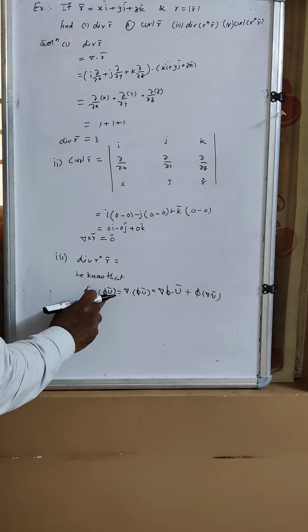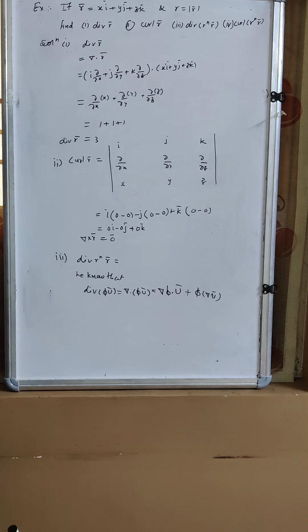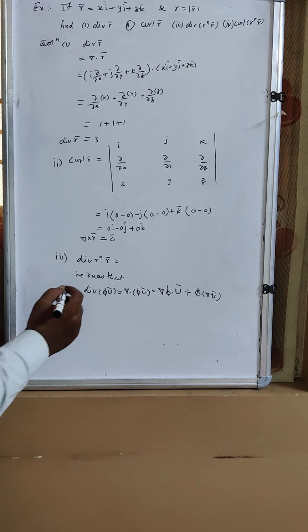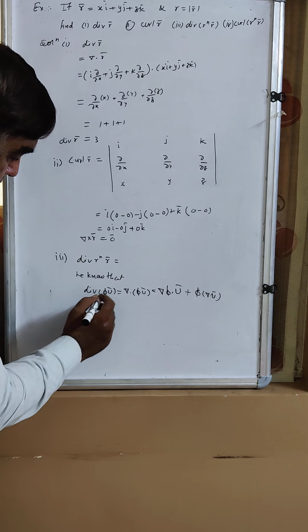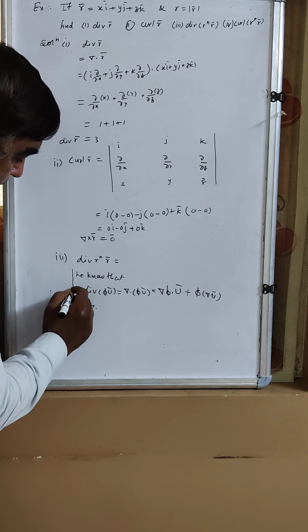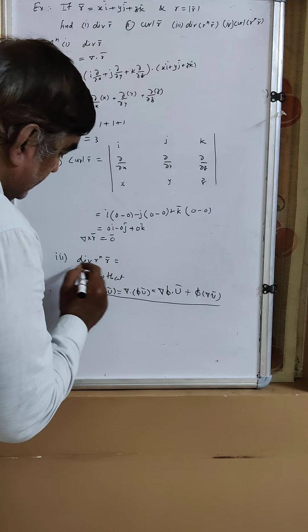Here phi is a scalar quantity, u is a vector quantity. Therefore, using this, we take this in the bracket.